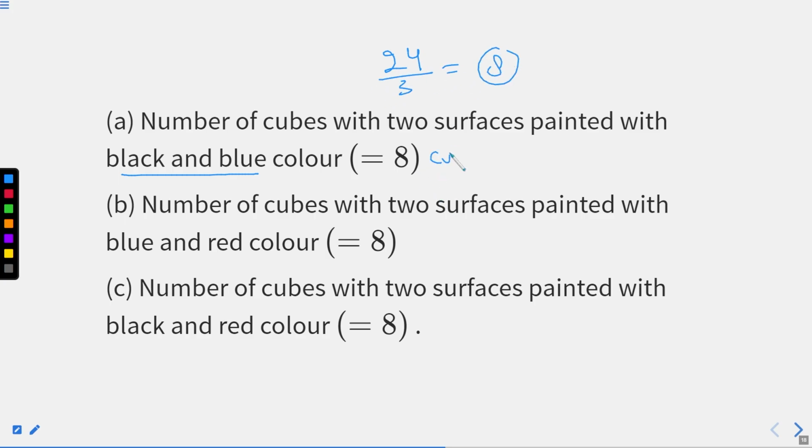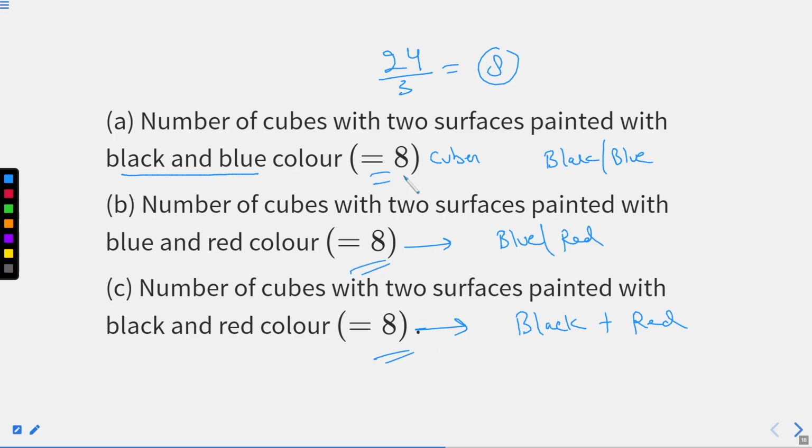So 8 cubes will be there with black and blue, 8 cubes with blue and red, and 8 cubes with black and red. I hope you are clear with this statement. Total of 24 will be there, out of which 8 are colored with black and blue, 8 with blue and red, and the remaining 8 with black and red. I hope this part is clear, right?